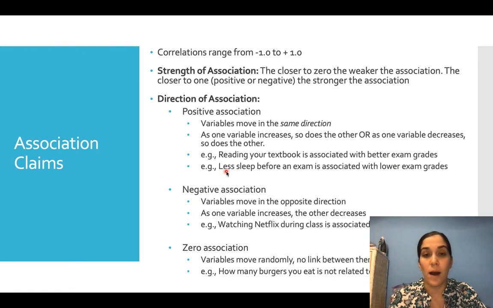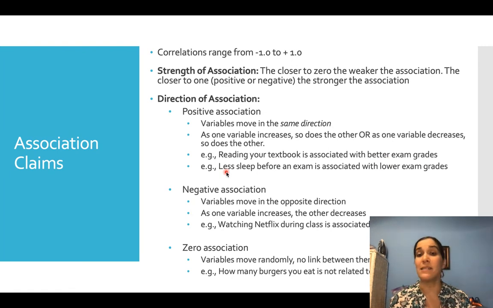Another example is less sleep before an exam being associated with lower exam grades. The two variables are the amount of sleep and exam grades, and they move in the same direction, both decreasing. Less sleep, lower exam grades.